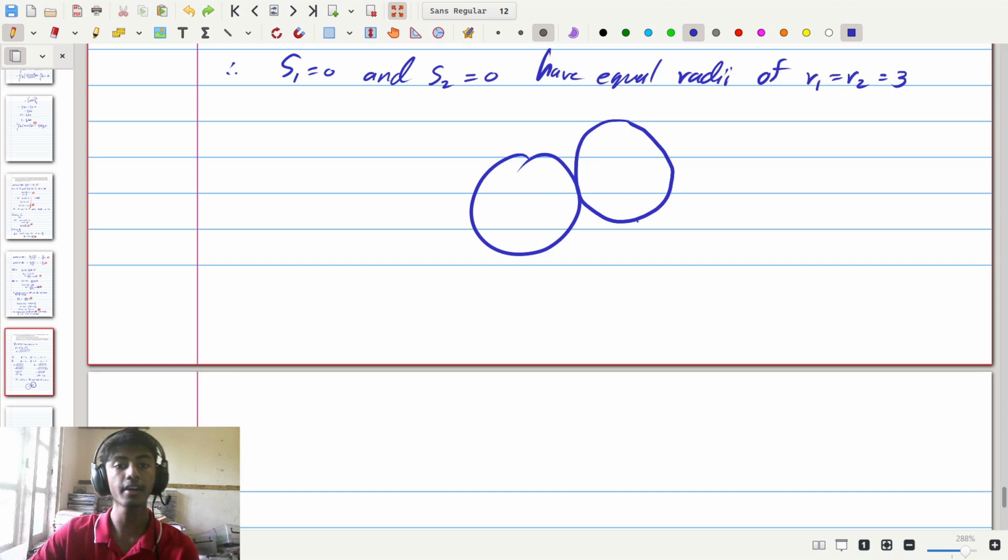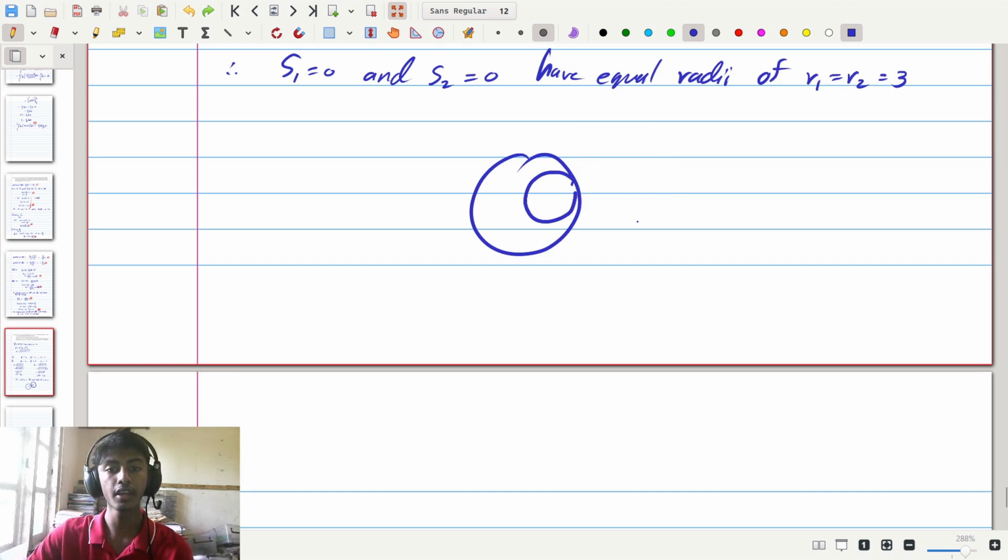If instead they intersect internally like this, such that one circle touches the other circle inside, the distance between the two centers is equal to the difference of the two radii. Finally, if we have something like this, in between external touching and internal touching, then the distance between the two circle centers will be somewhere in between the sum of the two radii and the difference of the two radii.